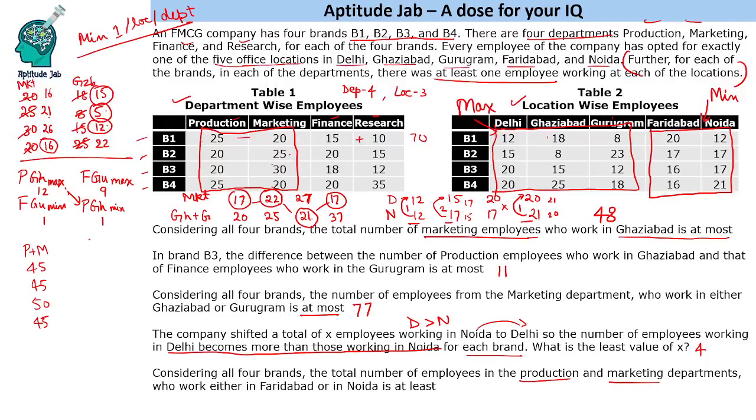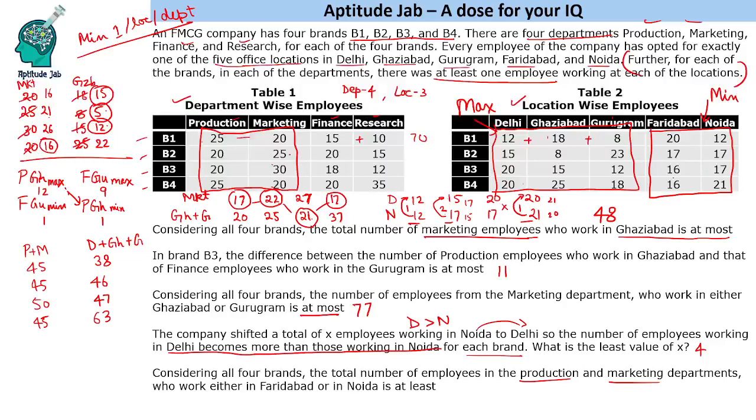And Delhi, Ghaziabad, Gurgaon, adding this, we have 38 positions. And then we have 46 positions, then 47 positions, and in the end we have 63 positions.